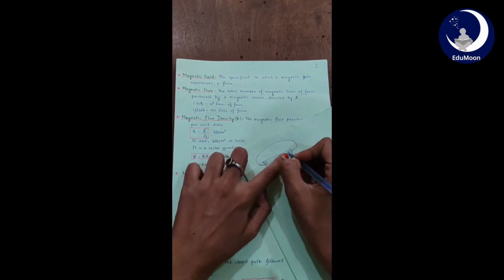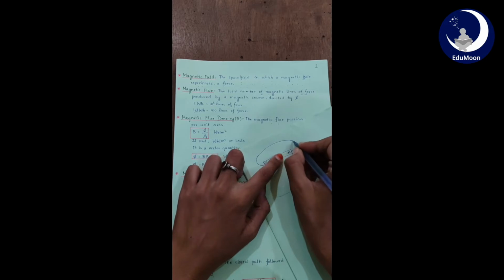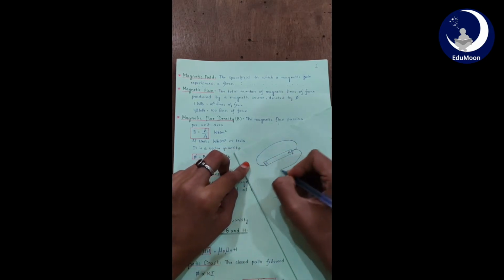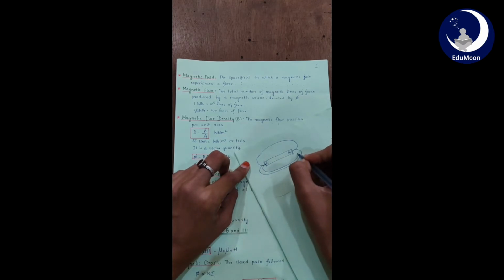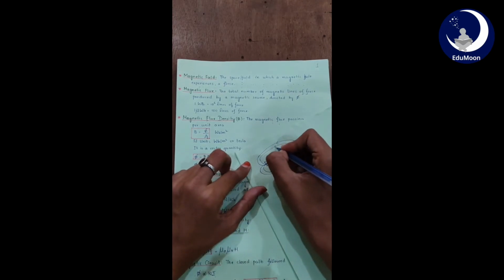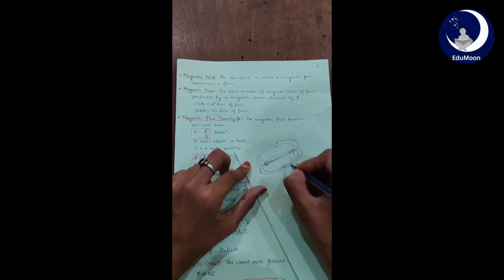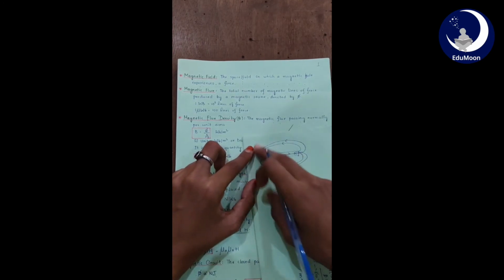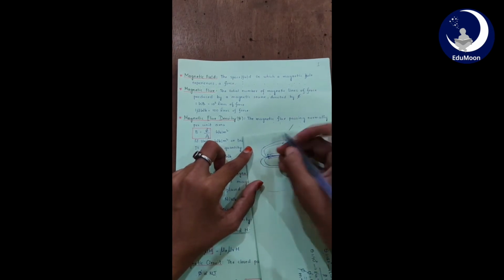You might have learnt about this in your earlier chapters in school. From outside it is north to south, and inside it is from south to north. Okay, these lines are magnetic lines of force.